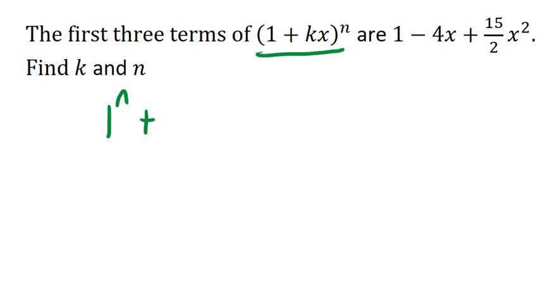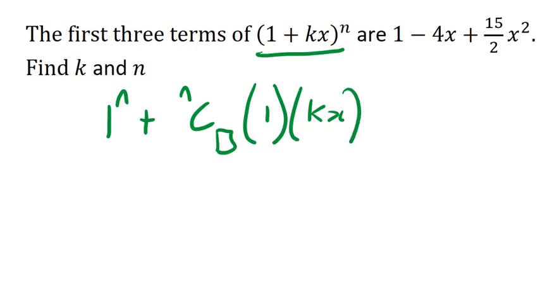Then you always get an n choose something, and then the first of these terms and the other term, and these powers add up to n and are descending. So the first one was 1 to the n, and so this one must be n minus 1 and 1, because they must add up to n. And I can choose any one of these two numbers here, which I'm going to put 1.